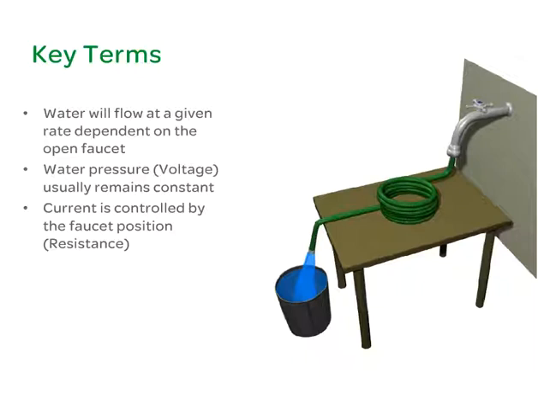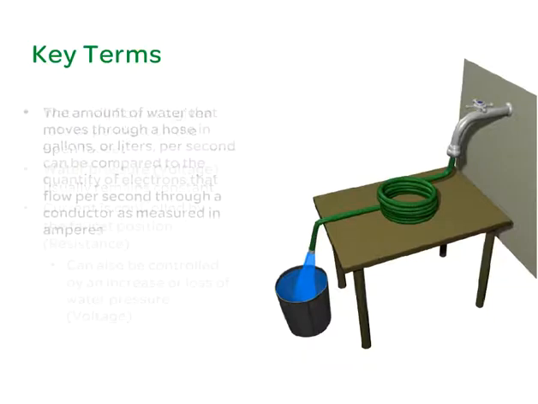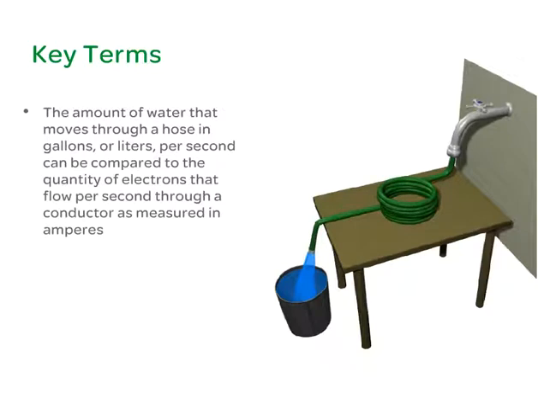The faucet is either more open or less open at any given time. The current can also be controlled by an increase or loss of water pressure. The amount of water that moves through a hose in gallons or liters per second can be compared to the quantity of electrons that flow per second through a conductor as measured in amperes.